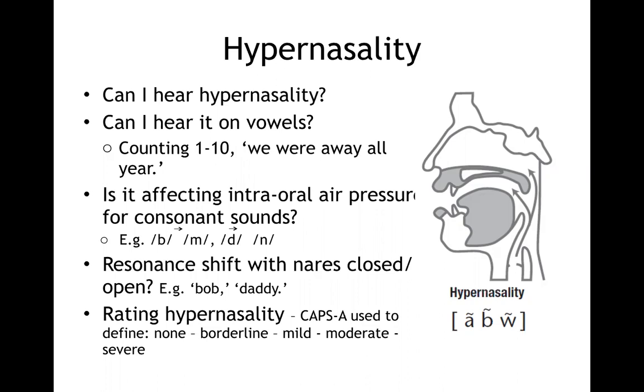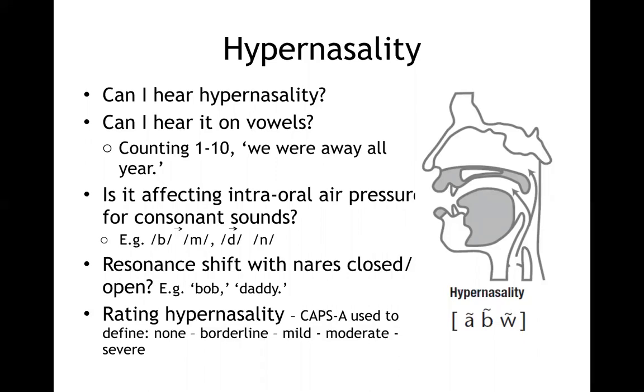So for example, if you ask a child to say maybe a word beginning with B and it actually sounds more like an M, or you're asking them to say a word beginning with D or copy the sound D, and it actually sounds like an N. That's a really good example of how the hypernasality is affecting the intraoral air pressure and is not allowing the child to make that oral sound. Another good thing to do is to check, if you hold the child's nose, is there a resonance shift?